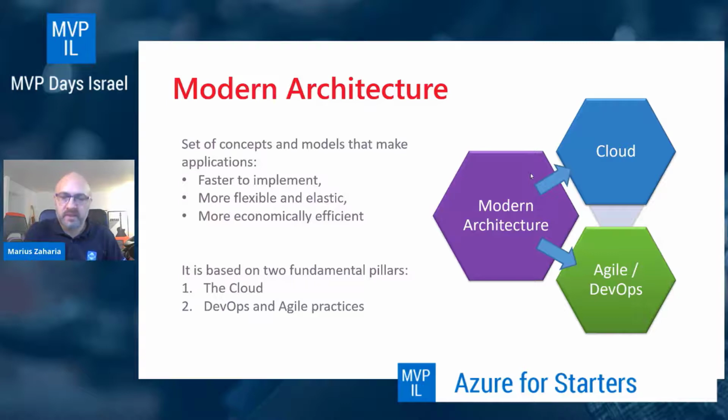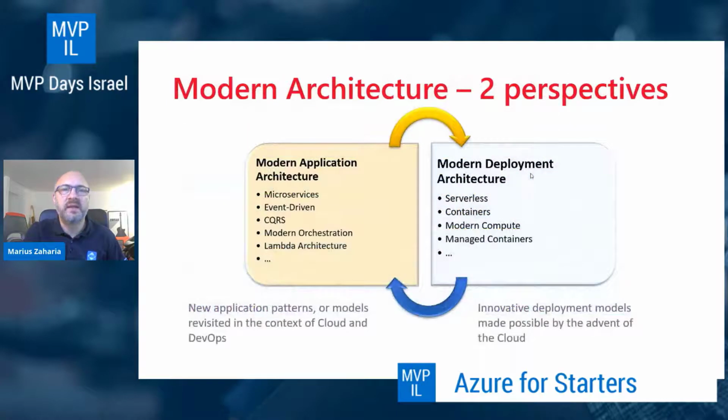Okay, so let me just move to the next slide. I have two perspectives on the modern architecture. The first one is the application architecture itself, which is rather around application architecture concepts. The other one is the deployment architecture, which relies on particular types of services, but they are also conceptualized when they are implemented.